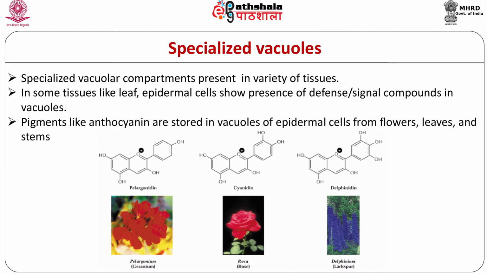In some tissues like leaf, epidermal cells show the presence of defense or signal compounds in vacuoles. Pigments like anthocyanin are stored in vacuoles of epidermal cells from flowers, leaves and stem. These specialized vacuoles help in storage of secondary metabolites of the plant cells.